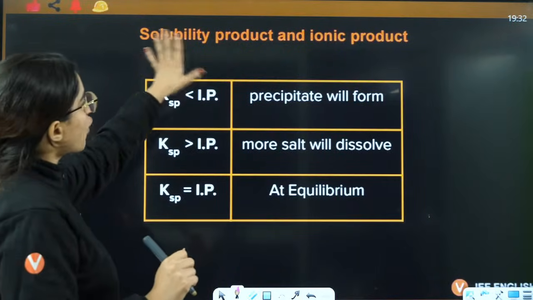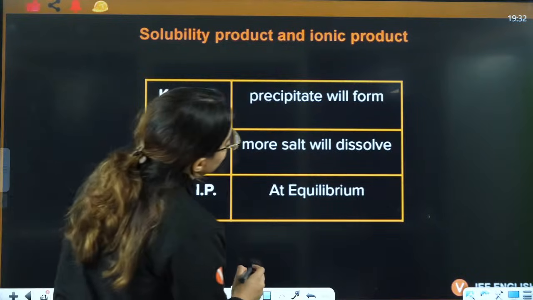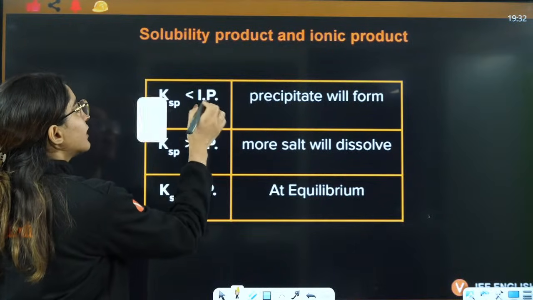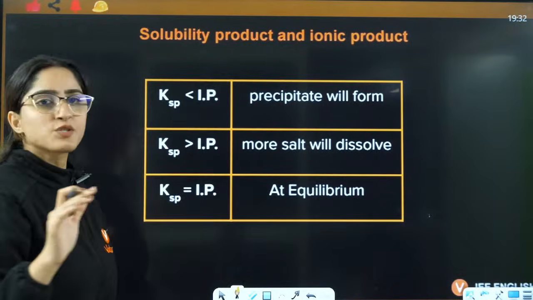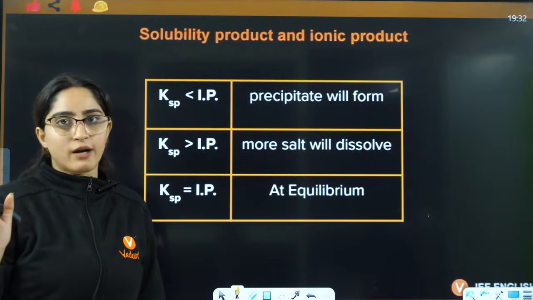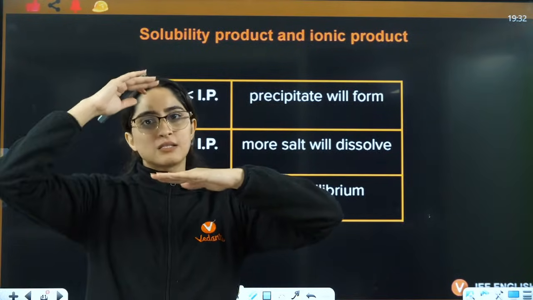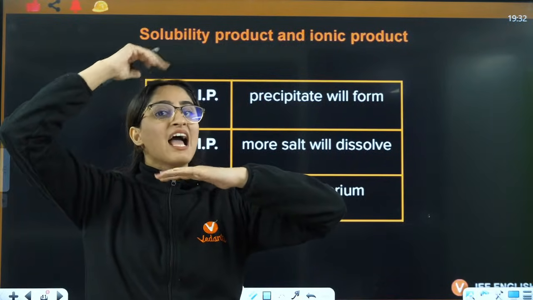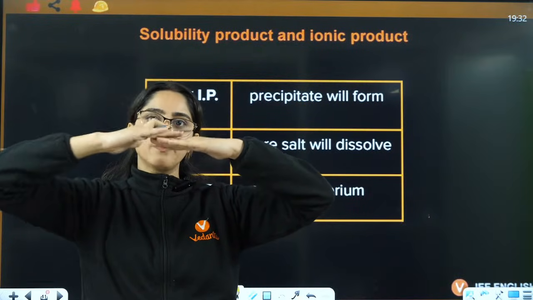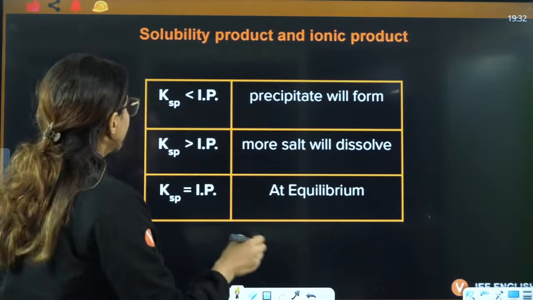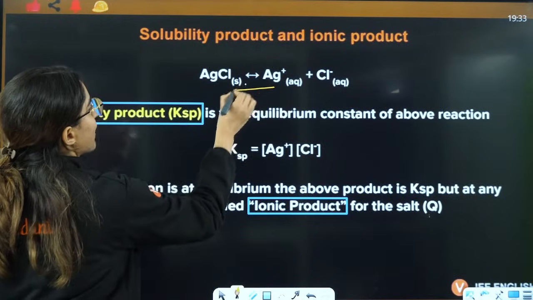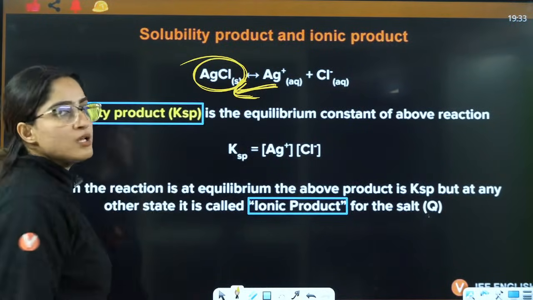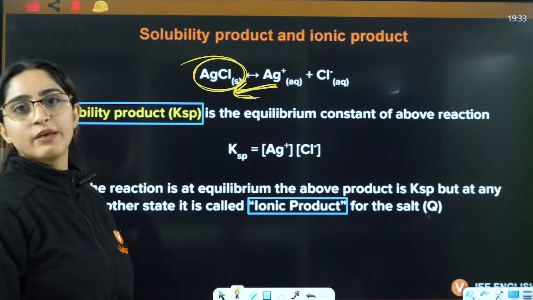If Ksp is less than the ionic product, that means the ionic product is greater. Ksp is at equilibrium, this is the ionic product. When the ionic product is greater, it will move in the backward direction. In the backward direction, solid formation is there, so precipitates will be formed.